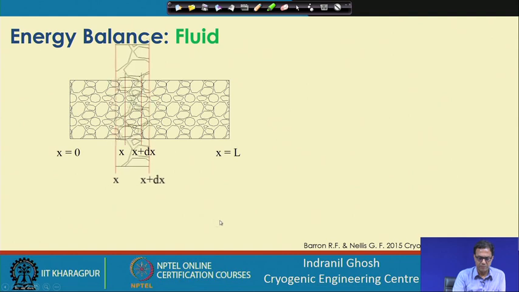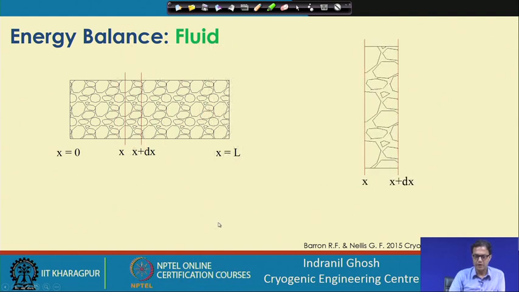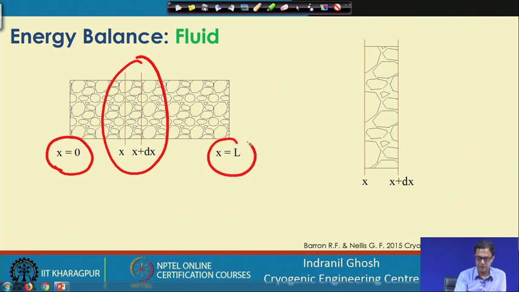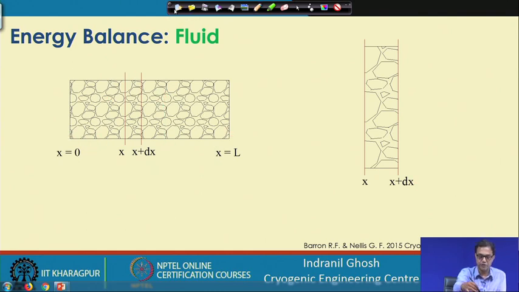Now, if we look in detail at this elemental area between x and x plus dx, it is a one dimensional model. Here this is x equals 0, and we have x equals L. In between we have taken some region bounded between x and x plus dx.